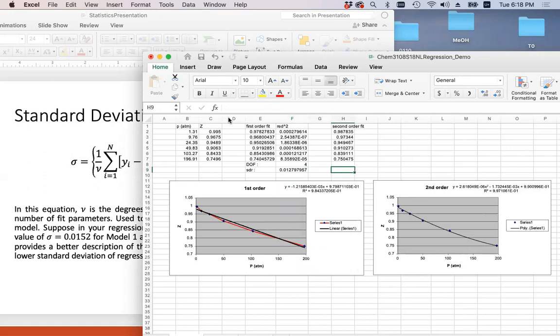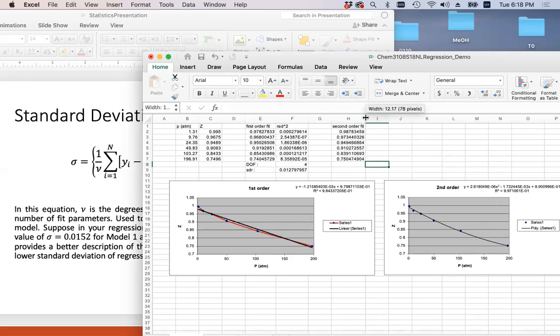Okay, and then I'm going to do the same thing for the second order fit. Let me make this column a little wider. I'm going to calculate the residuals squared. I have a typo over here, residual squared. So that's going to be the measured y value minus the best fit y value, quantity squared.